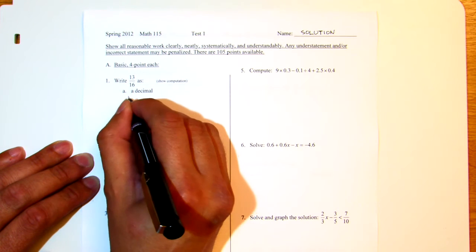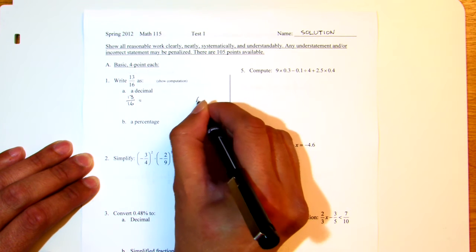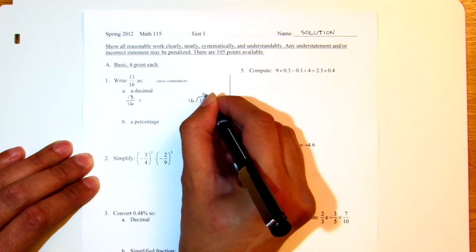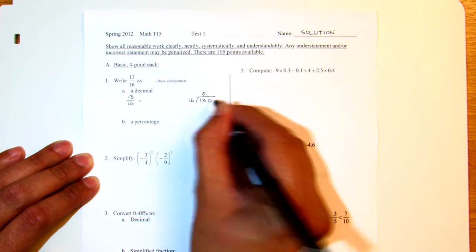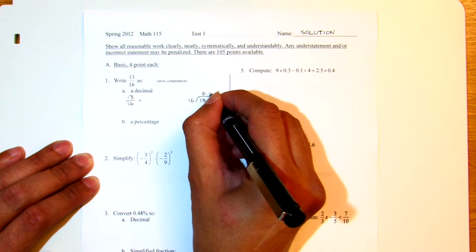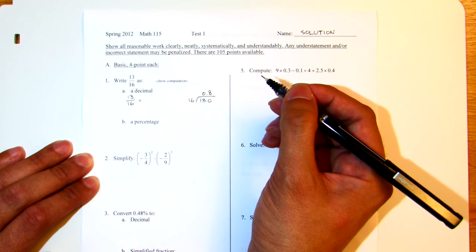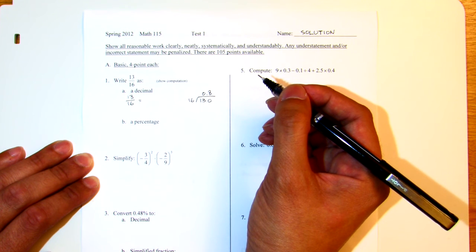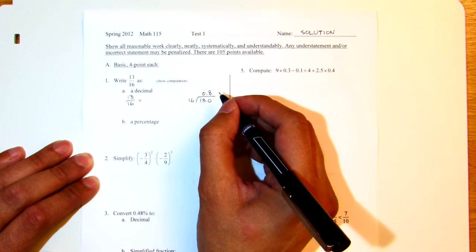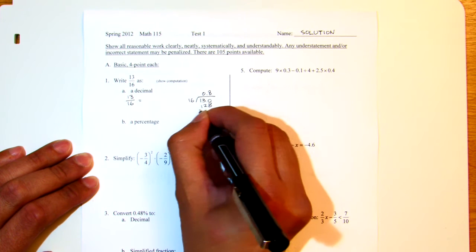To convert this 13/16 to decimal, we will divide 13 by 16. How many times is this? 8 times? That will be 8 times 16, 128.